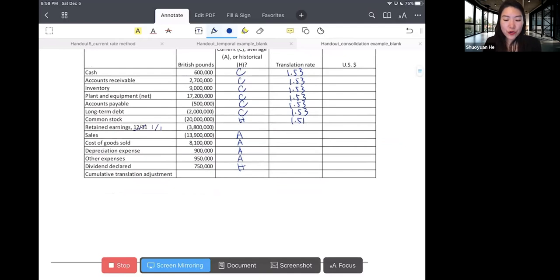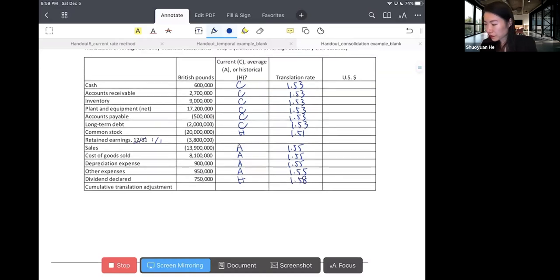And the average rate during the year 2015 is 1.55. The historic rate when the dividend was paid on June 30th, 2015, is 1.58. So let's first calculate these items.